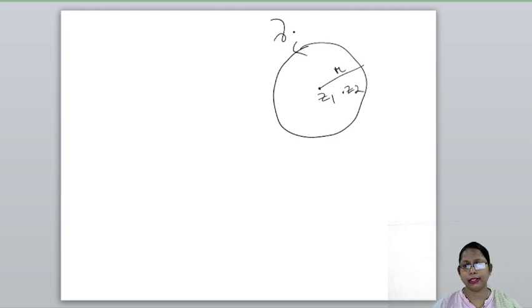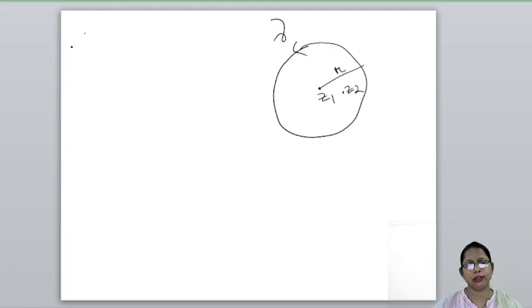Since f(z) is an integral function, f(z) is analytic at every point of the z plane. That means f(z) is analytic in the circle gamma, and z1 and z2 are any two points inside gamma.